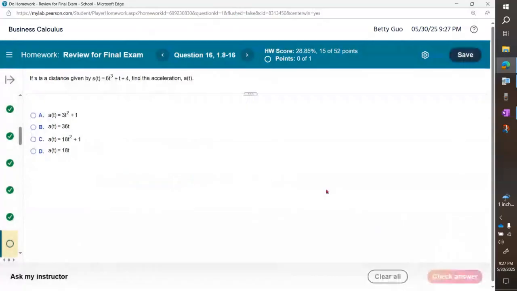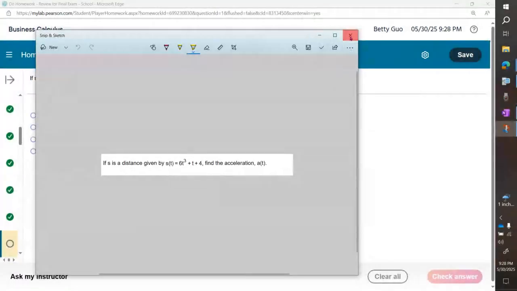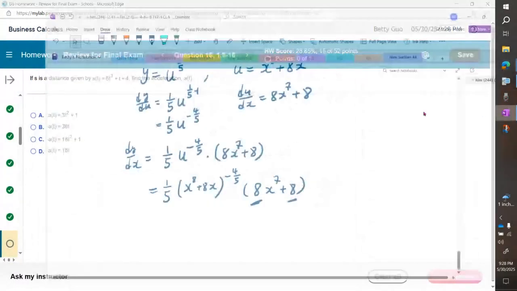Okay. Question number 16. If s is a distance function given by this equation, find the acceleration function. Do we have a similar problem in the midterm review yesterday? Similar thing, okay?